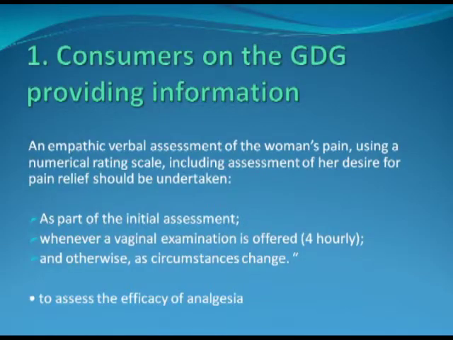There were many recommendations at the first draft stage, which goes out for stakeholder consultation, which caused me concern as a consumer on the guideline. But this is one that I want to illustrate, because this recommendation was that there should be an empathetic verbal assessment of the woman's pain using a numerical rating scale and including assessment of a desire for pain relief, and that this should be undertaken at the initial assessment.